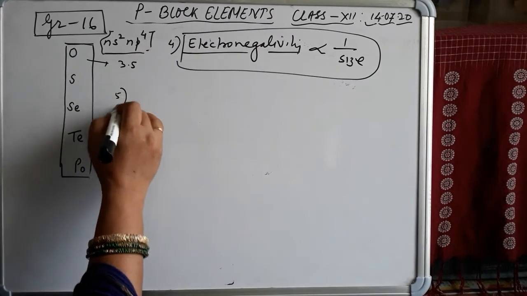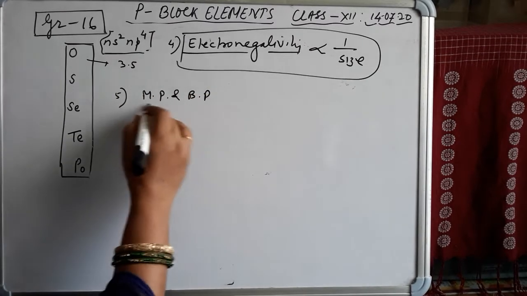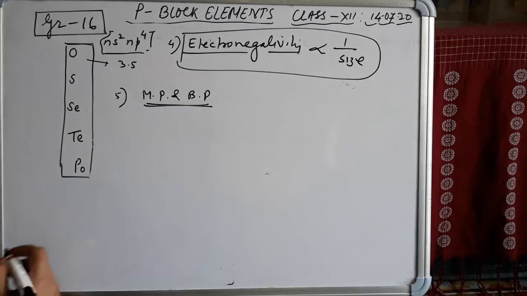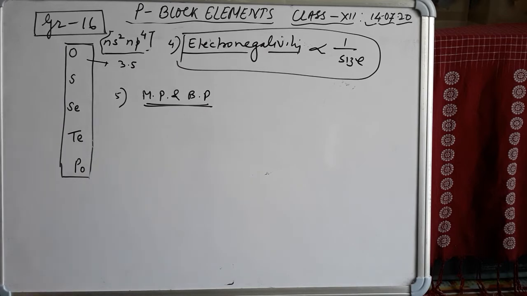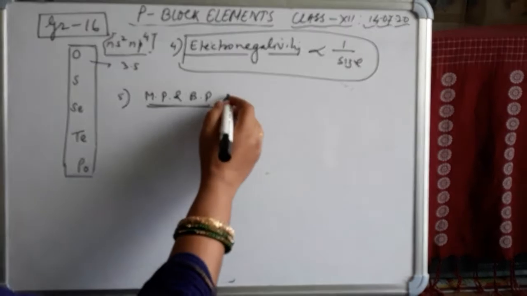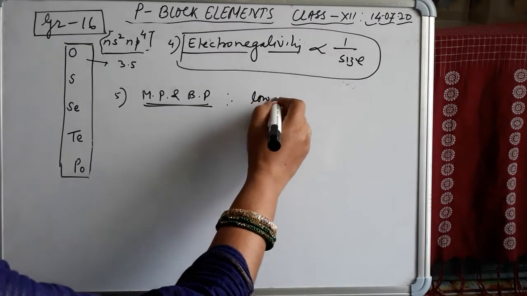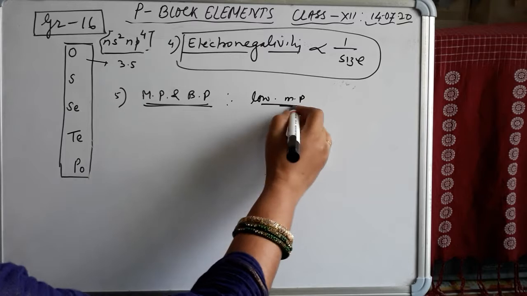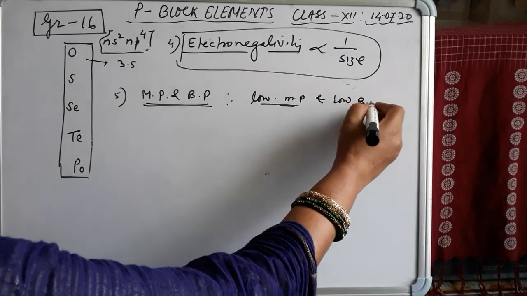Next is the melting point and boiling point. Boiling point depends on the mass of the element. So students, the members of the oxygen family generally have low melting points and low boiling points.